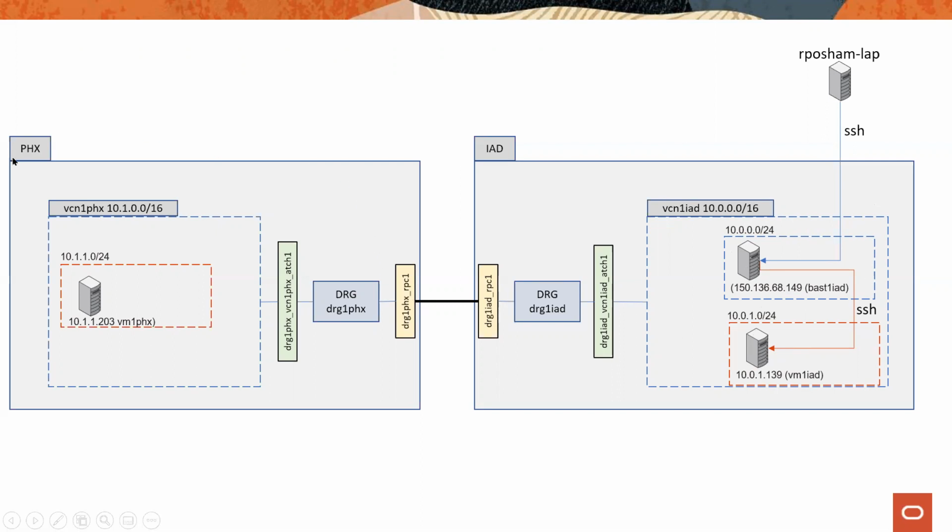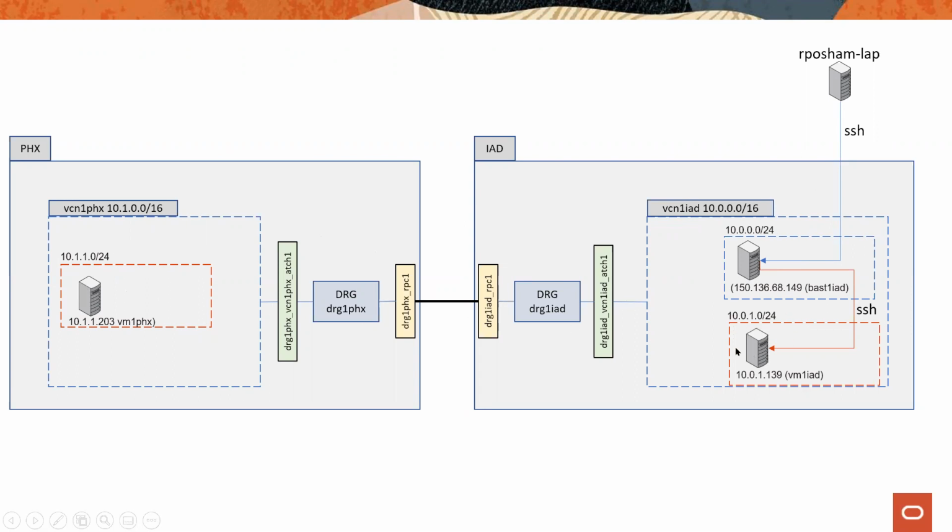On the left side is Phoenix. I have a VCN here with a different CIDR block, and I created a VM within this private subnet. My goal is that from this side, from Ashburn, I should be able to talk to the services in the Phoenix region.